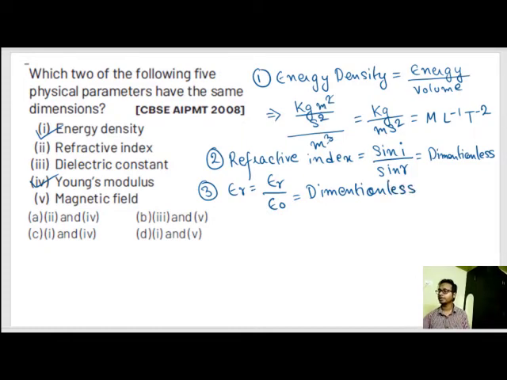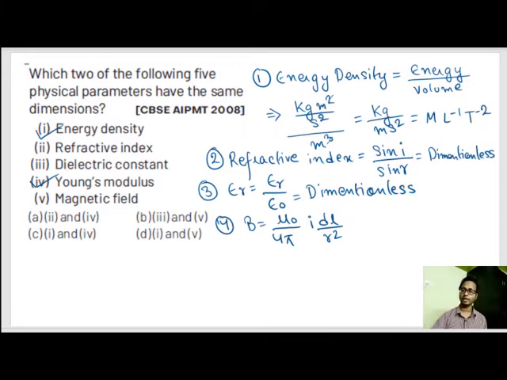And four is the magnetic field. B is equal to mu naught by 4 pi, IdL by r square. Okay. So even though we have obtained the correct answer a long time ago, I am just showing you the rest of the formulas.